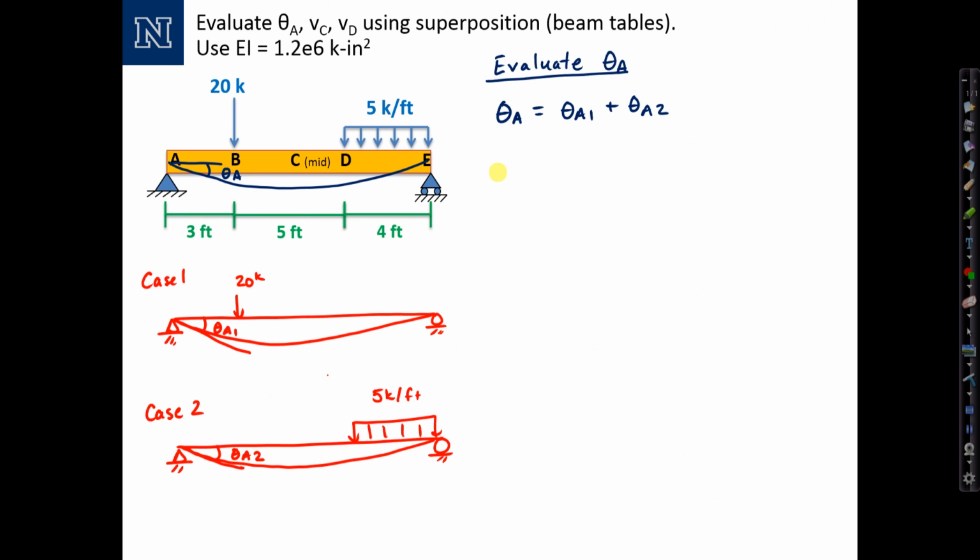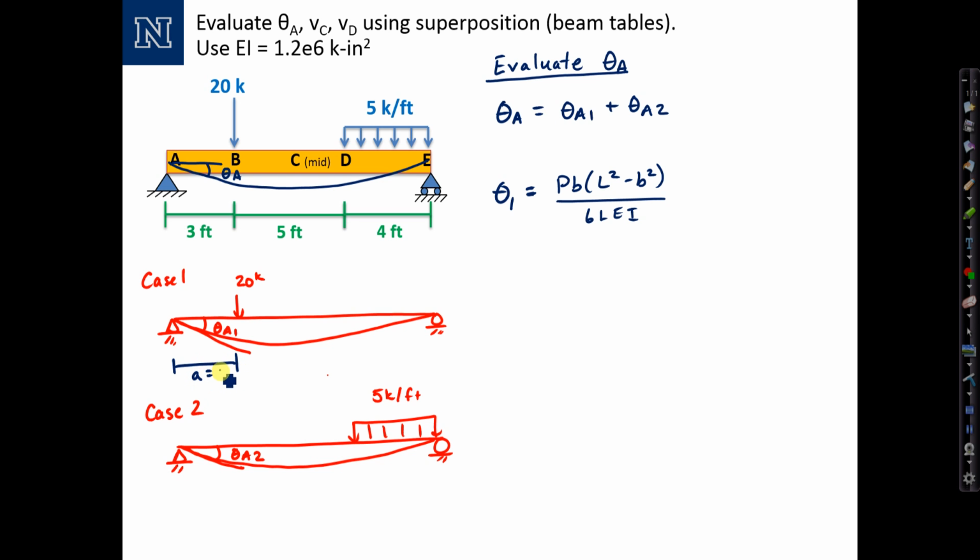So let me do that. Theta 1 equals, and I'm just going to drop the sign because I can see which direction the rotation is going in here. So theta equal to PB times (L squared minus B squared) over 6LEI. I didn't need to switch the angles here.